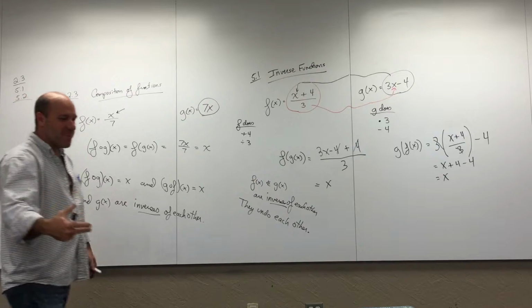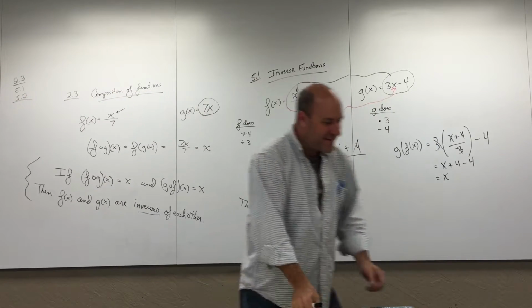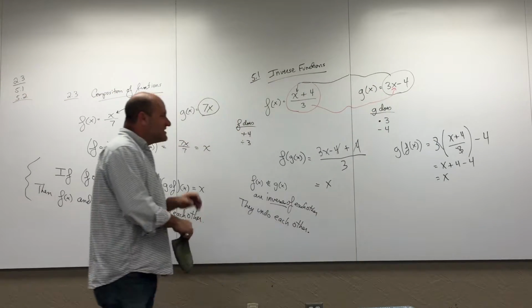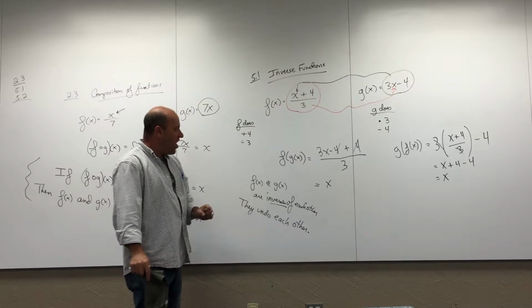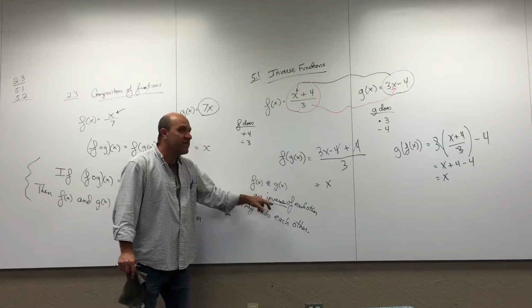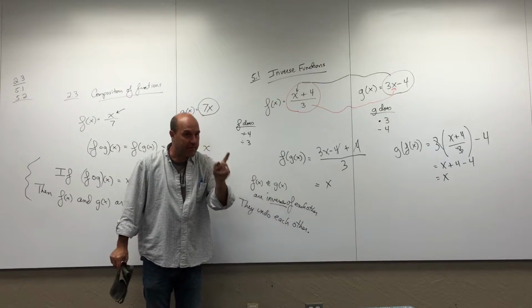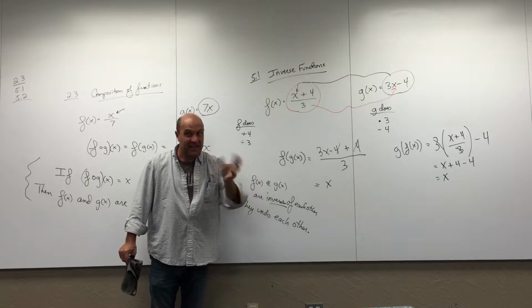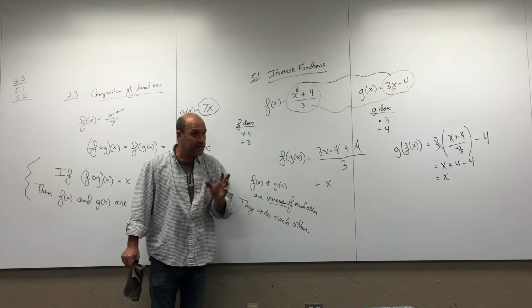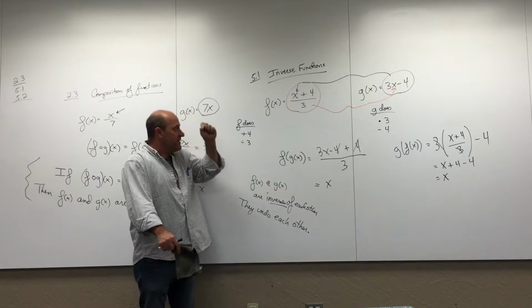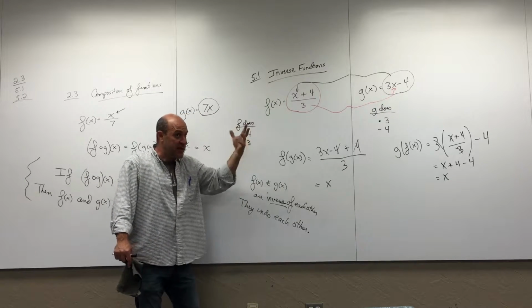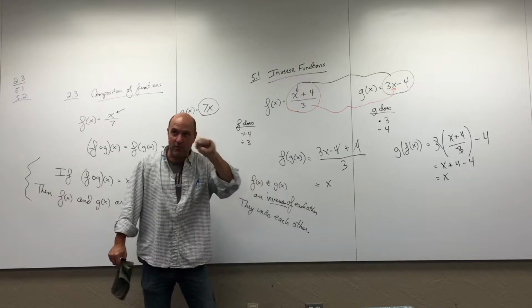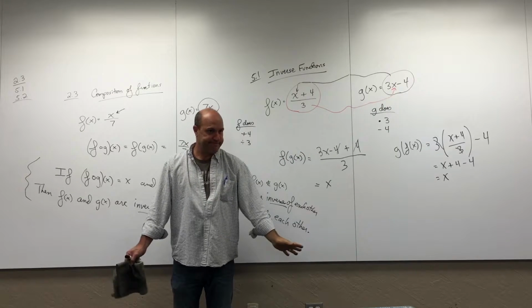Is that function one over the other, reciprocating? No. That word inverse sometimes gets confused in mathematics with reciprocal. It's not really the same. Inverse functions are undoing functions. They're not reciprocals.